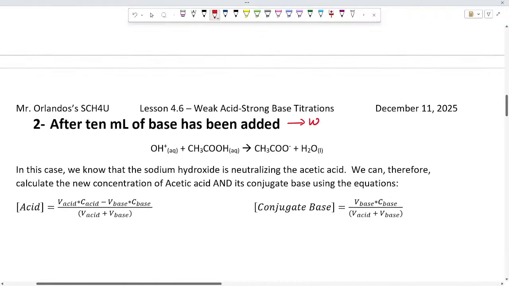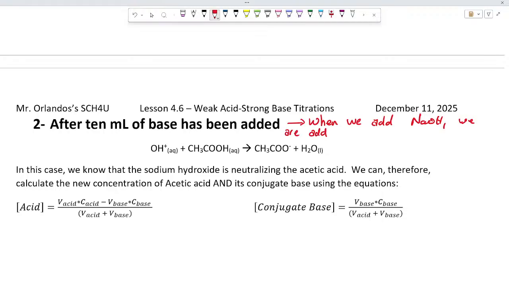So, when we add NaOH, we are adding OH minus ions, right? Is everyone comfortable with that? Okay.